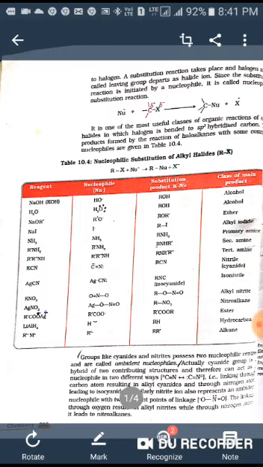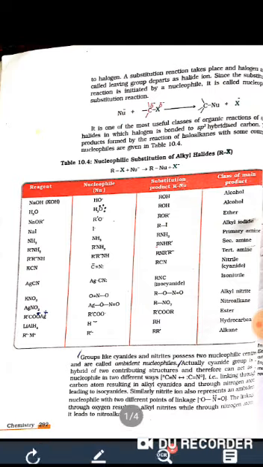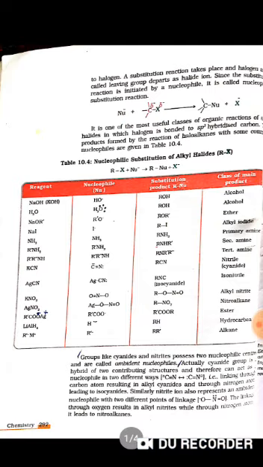Similarly, in the case of KNO2 and AgNO2, in KNO2 the NO2 combines through the oxygen side, whereas in AgNO2 the NO2 group combines through the nitrogen side, so we get different products. One is alkyl nitrite and the second one is nitroalkane.